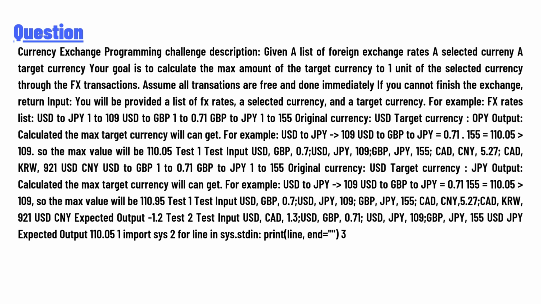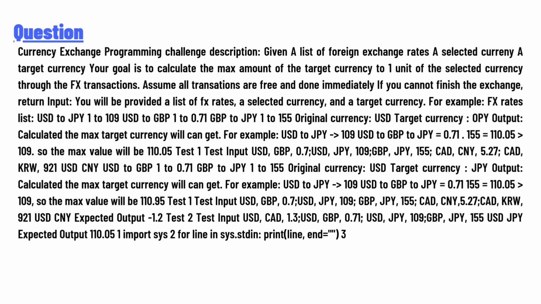For example, FX rates list: USD to JPY 109, USD to GBP 0.71, GBP to JPY 155. Original currency USD, target currency JPY. Output: calculate the max target currency you can get.